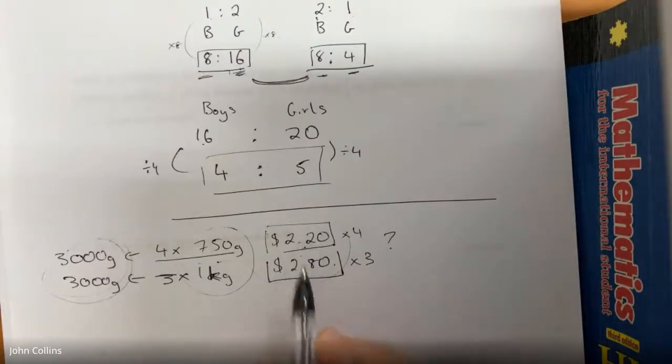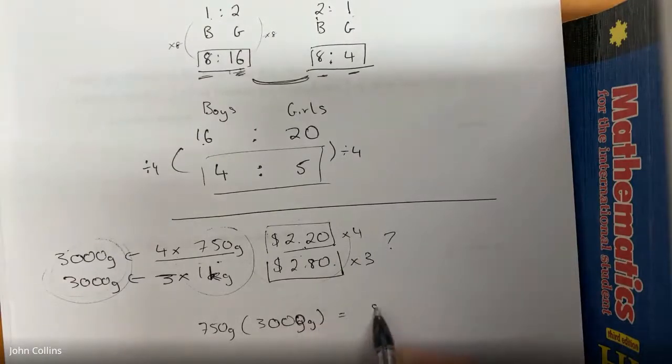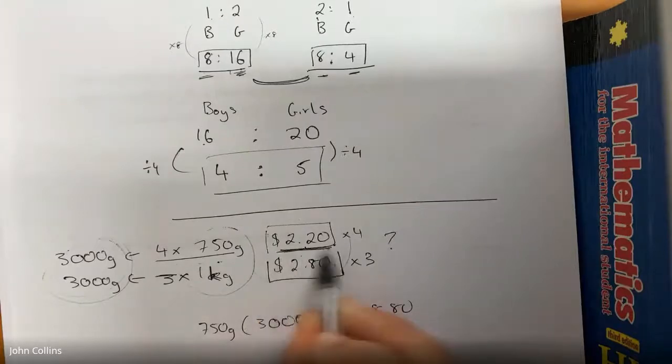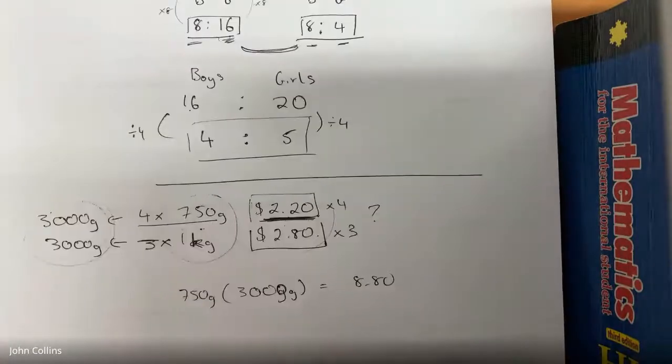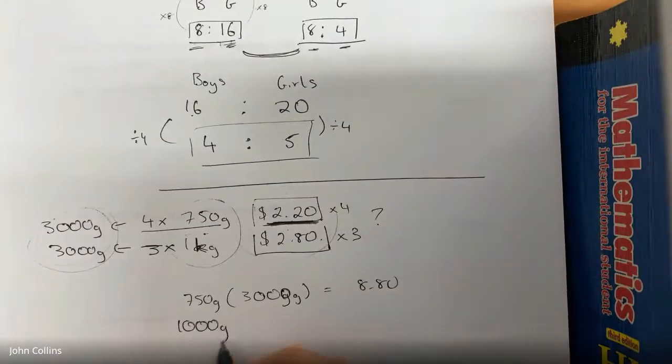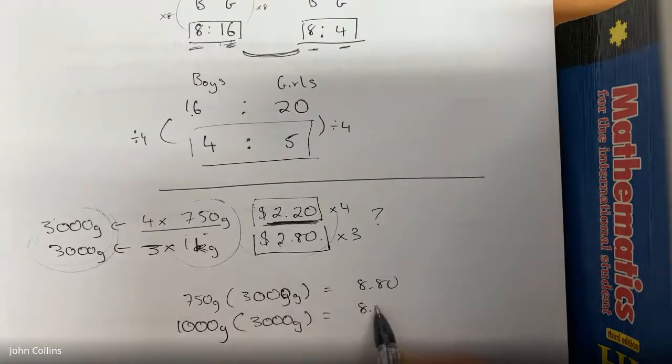This price by 4 is 880. So for the 750 grams, I'm getting 4 packets, 3,000 grams, for 880, because I multiplied this price by 4. For the 1,000 grams, when I look at 3 kilograms, if I multiply this by 3, I get 840.